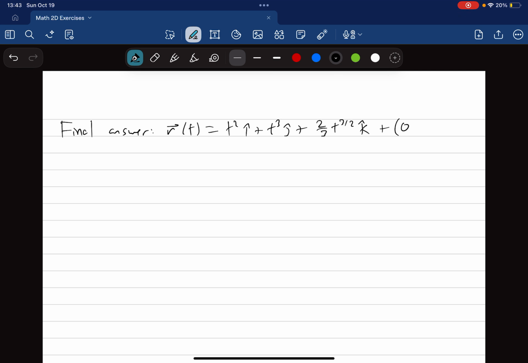So this is 0 i hat plus 0 j hat minus 2/3 k hat. Collecting all the i hats, j hats, and k hats, this is t squared i hat plus t cubed j hat plus 2/3 t to the 3/2 minus 2/3 k hat.